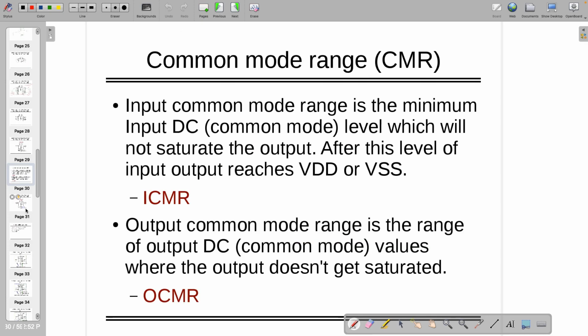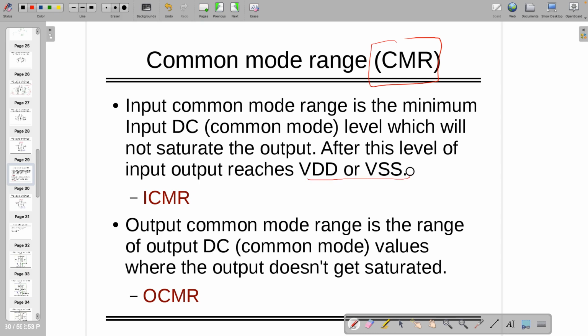Let's go a little bit into common mode range. So there are two kinds of CMR. One is called input common mode range and one is called output common mode range. Input common mode range is the one where you are giving the minimum input DC level which is not going to saturate the output. Saturating the output means you are not reaching VDD or not going to ground, right?